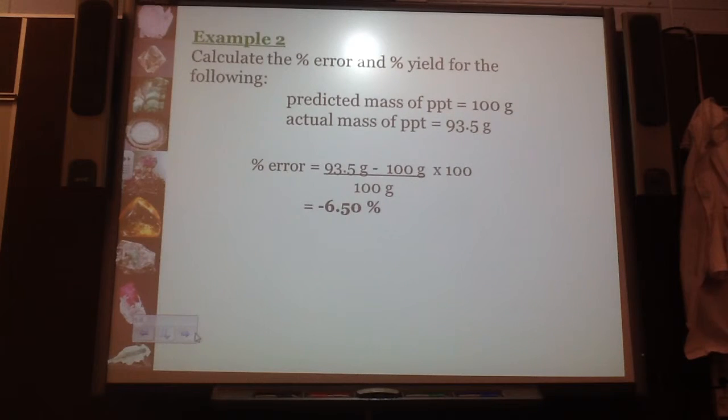So you get negative 6.5%, but you can put that to a positive value, like I said, since it's an absolute. And then for our percent yield, 93.5 divided by 100 times by 100. So 93.5% yield.